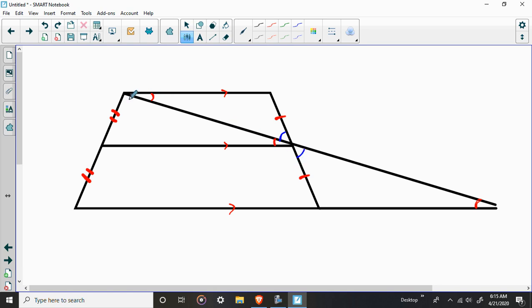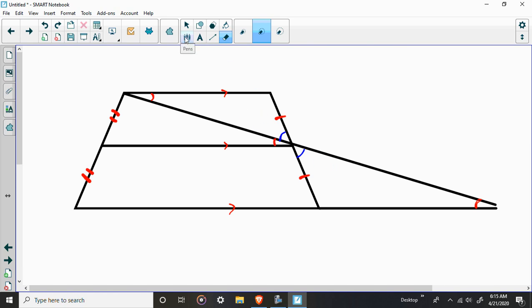And if you notice, between this triangle up here and this triangle down here, we have angle, angle, side, angle, angle, side, right? Red angle, blue angle, one dash, red angle, blue angle, one dash. So we actually know by the angle-angle-side theorem that these two triangles are congruent.